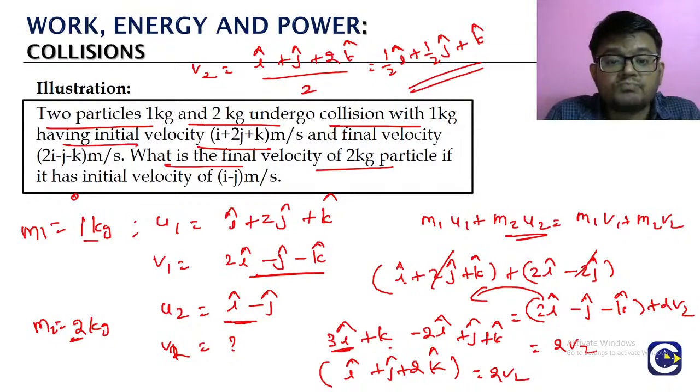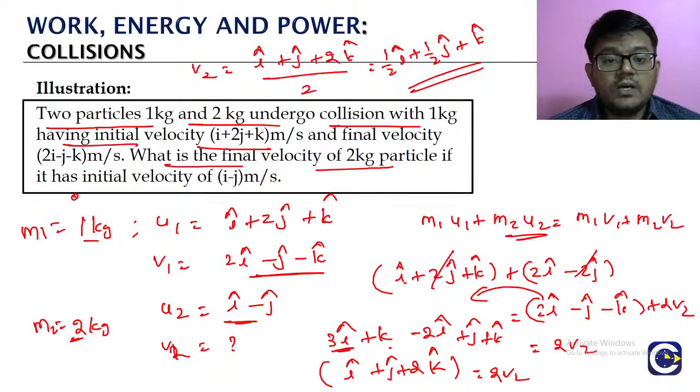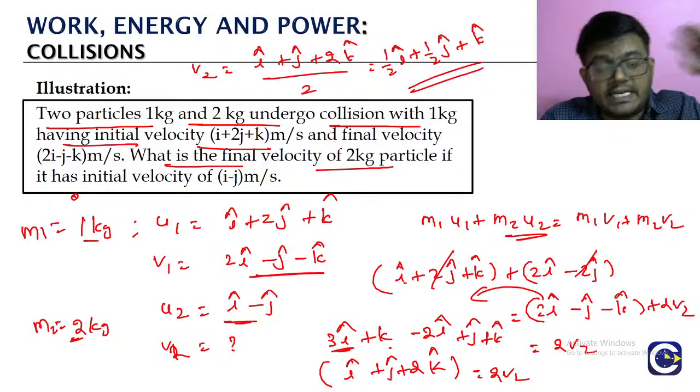We will see that only in some of these collisions, the kinetic energy of the particles will be conserved. Kinetic energy of the particles is conserved means what? The total initial kinetic energy of the particles is equal to the total final kinetic energy of the particles. That will happen only for some types of collisions, like the examples of collisions between gas molecules, or collisions between the gas molecules and walls of the container.